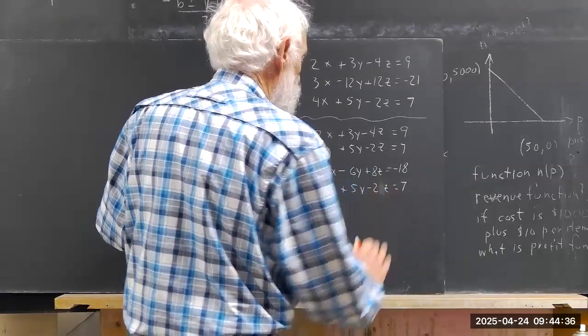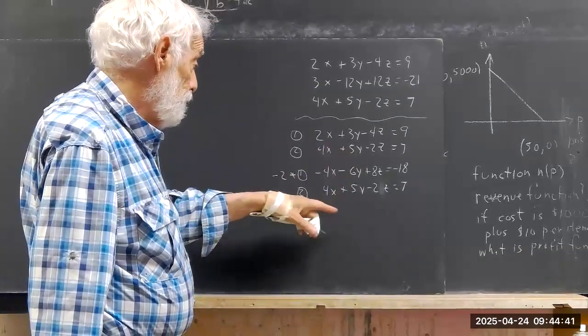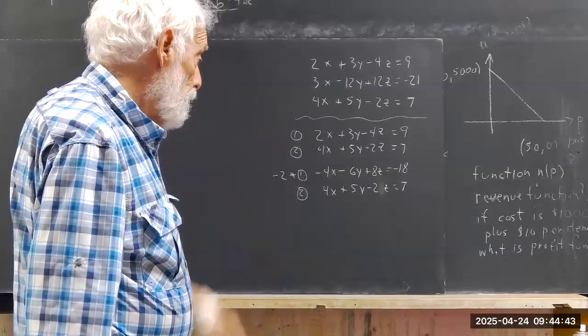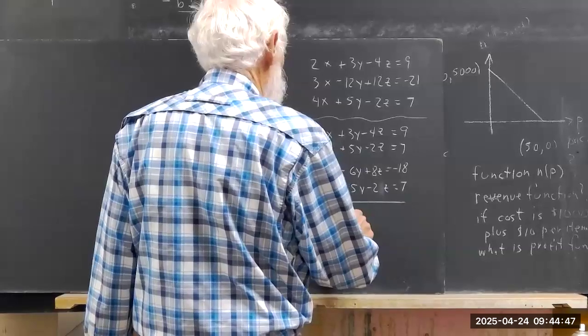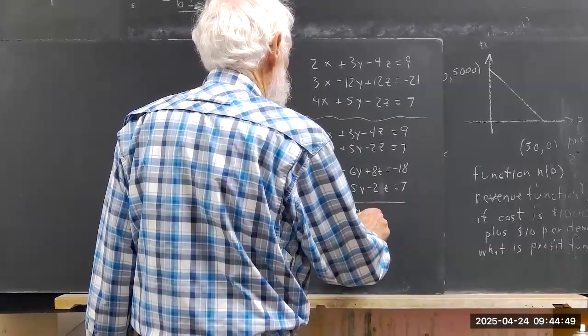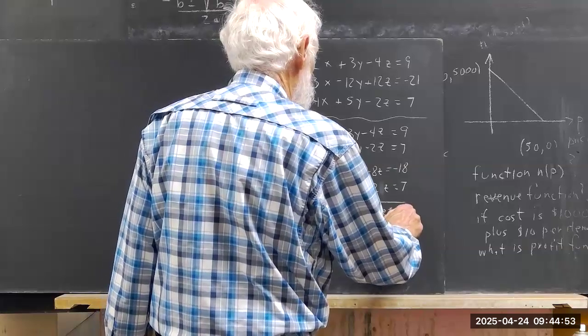Oh, it's got a 2 there. I knew I didn't have 1 or 2. Anyhow, okay, so there's the two equations. So when we add them, we get the equation -y plus 6z equals 11.